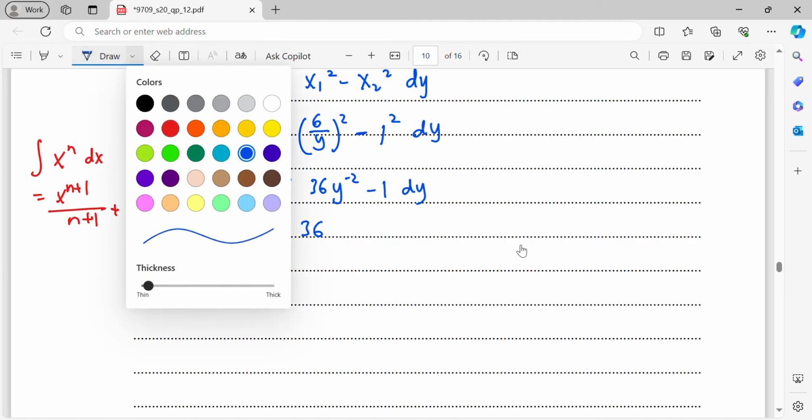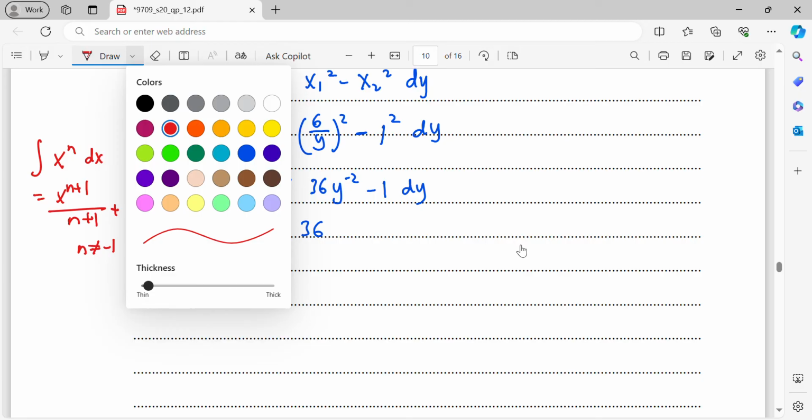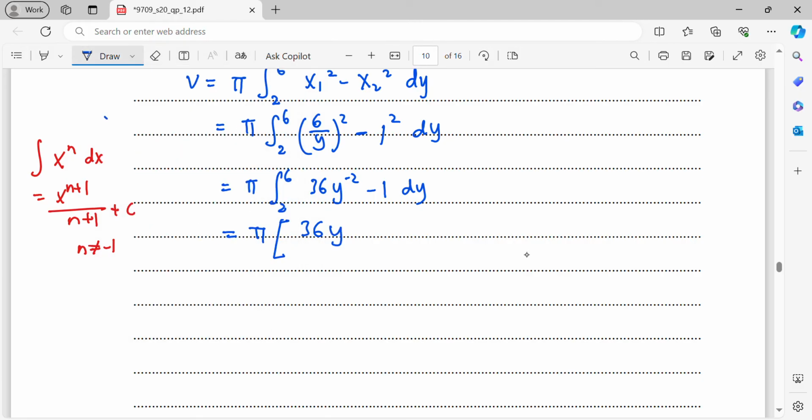Now this formula is valid when n is not minus 1. Then from here, I will be getting y to the power of negative 2 plus 1 is negative 1, over negative 1. You integrate minus 1 is minus y, limits from 2 to 6. Now here I rearrange. The first term will be negative 36 over y, followed by minus y, from 2 to 6.